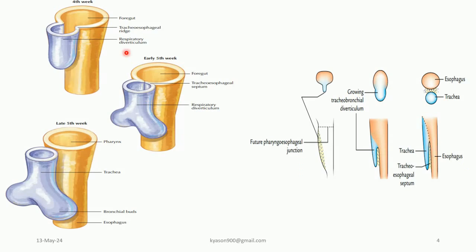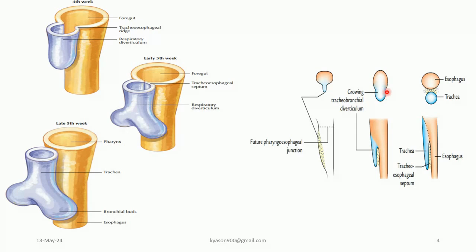So what we see here, around that time, 4th week of development, is the foregut that is developing. This is the upper part of the foregut, this portion that will give rise to the pharynx and the esophagus. Usually from the ventral aspect of this upper part, there is formation of what we call the tracheobronchial diverticulum, or you can call it the respiratory bud.